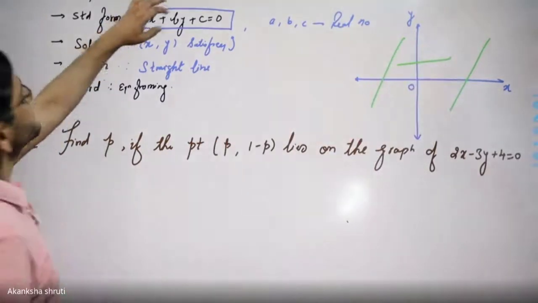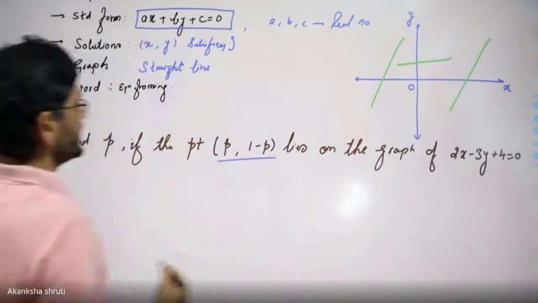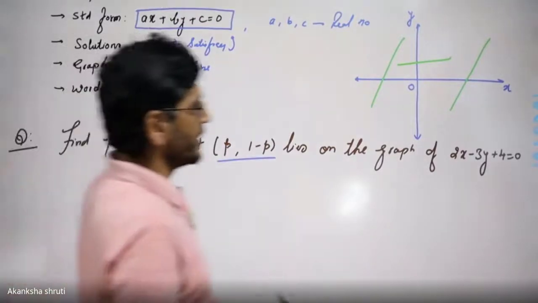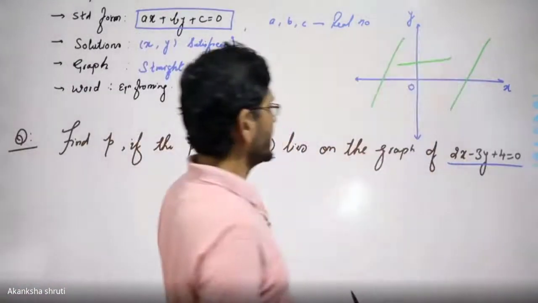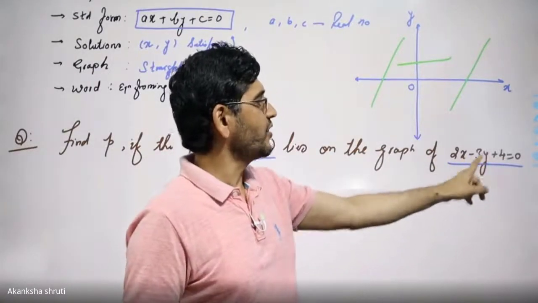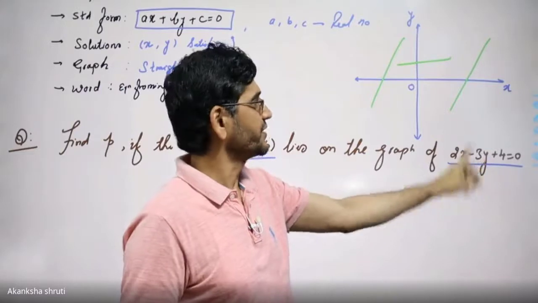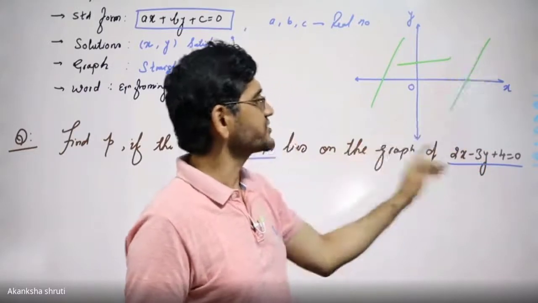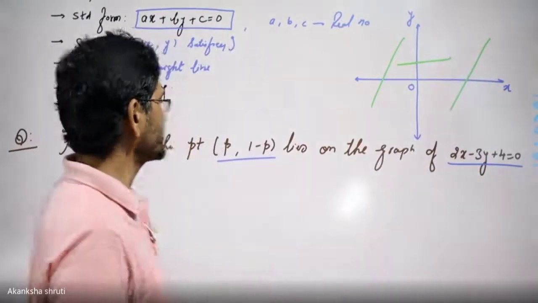So here it is given that this point p, 1 minus p lies on the graph of this line. Students, we have learned that the graph of this equation means the values of x and y, or the solutions. So it is the plot of possible solutions which satisfy this equation.